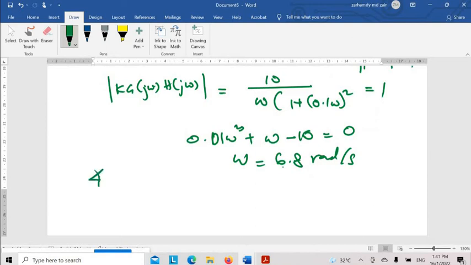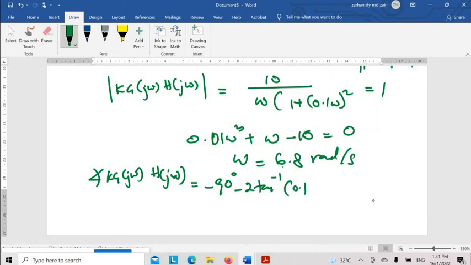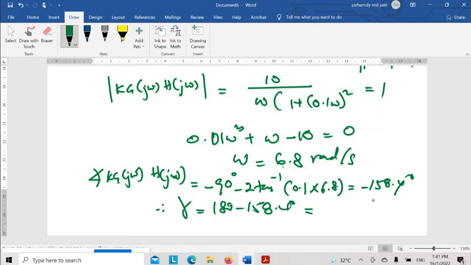Now we have KGH, and then follow what we did in the theoretical. So we have tangent negative 0.1 multiplied by 6.8, and we will get 158.4. So our gamma is 180 minus 158.4. So we will get berapa?